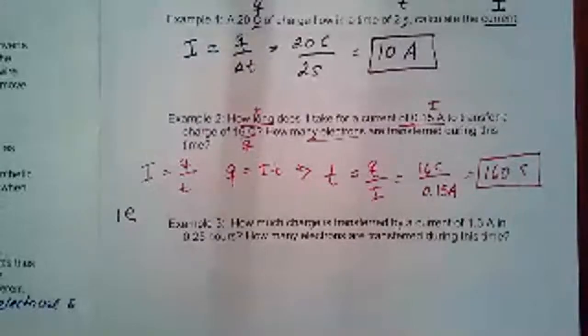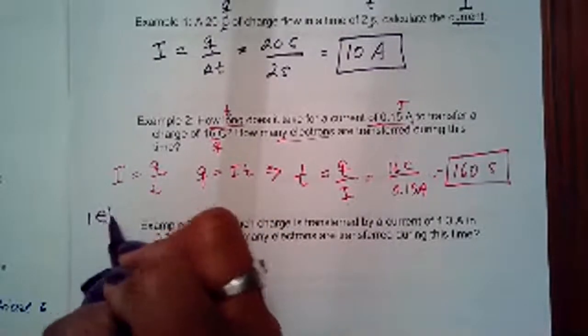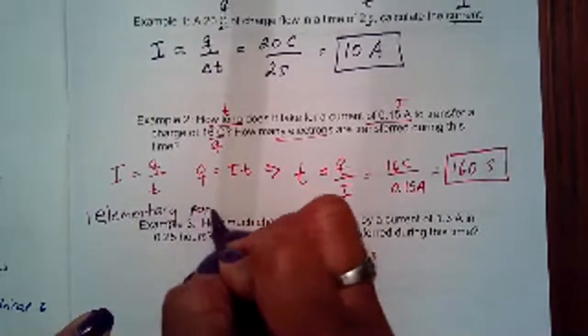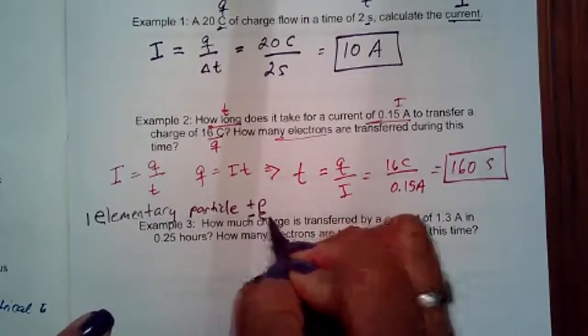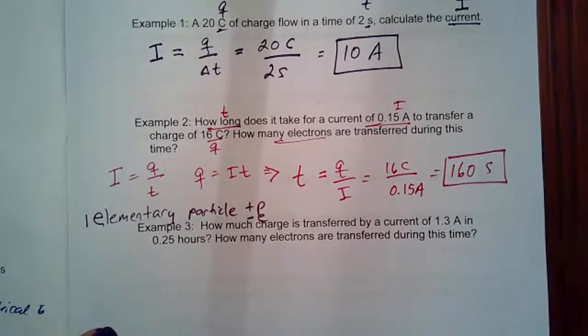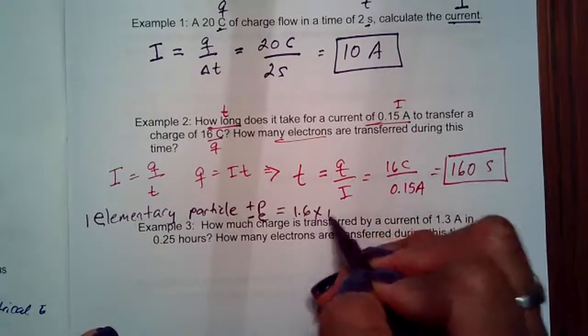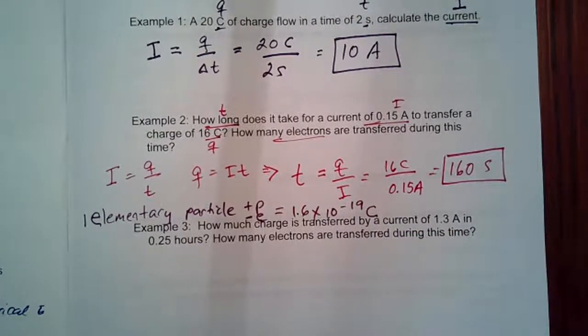Recall, neutrons do not have any charge; they're neutral. So we call this the elementary particle charge, which is carried by either a proton or an electron. In this case, you're looking for how many electrons, and the charge is 1.6 times 10 to the negative 19 coulombs. So that's how many coulombs each single electron carries.